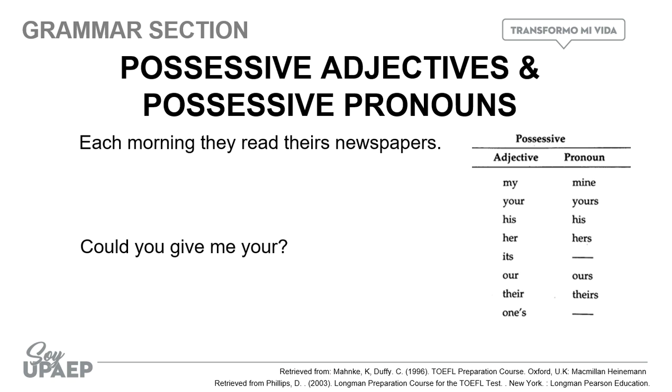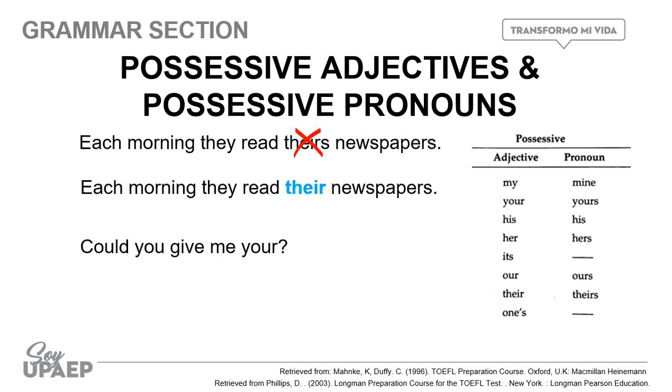When you have a possessive pronoun, you don't have a noun after it. So here, the problem is theirs. It should be: each morning they read their newspapers. Why? Because you need a possessive adjective because you have a noun after it.